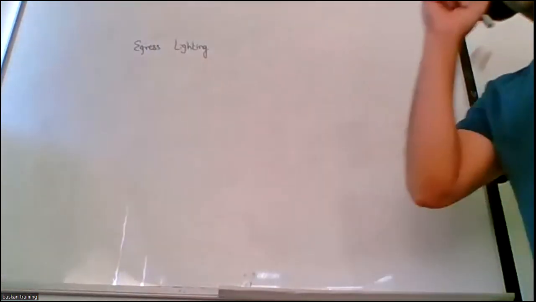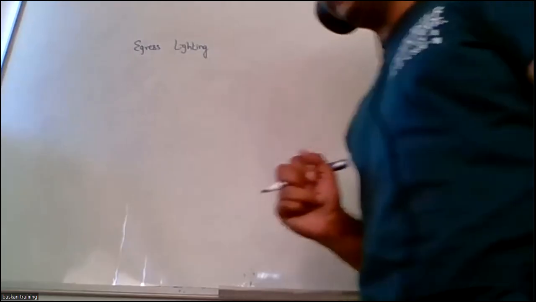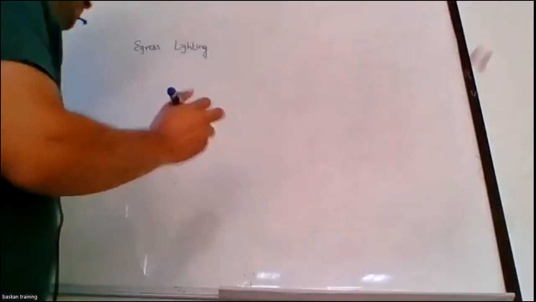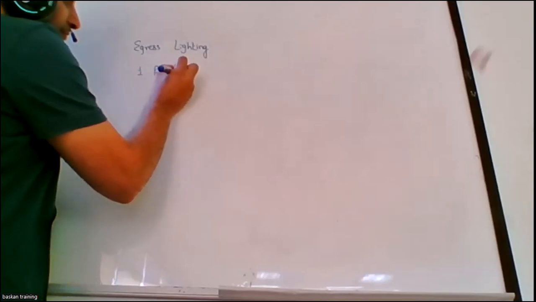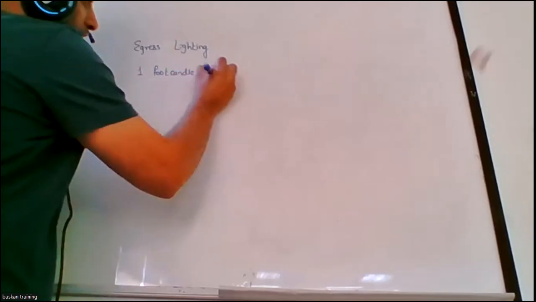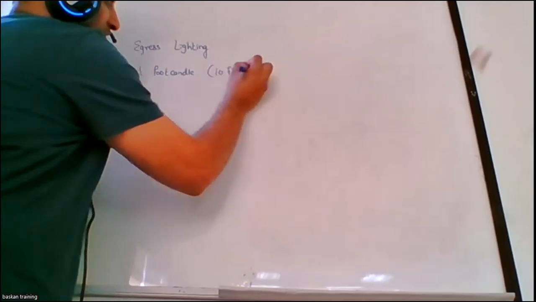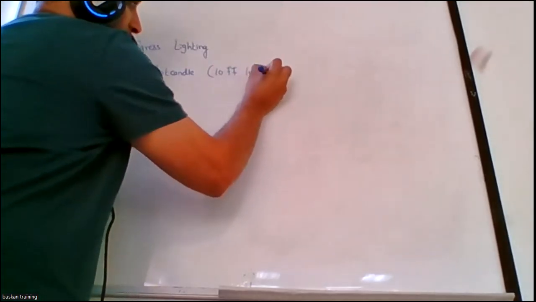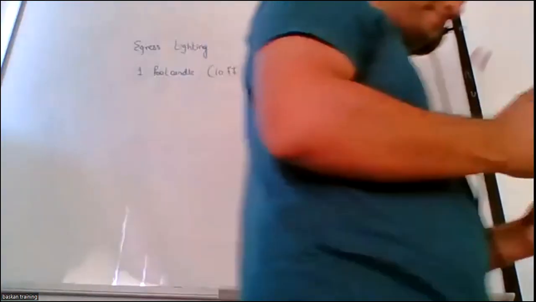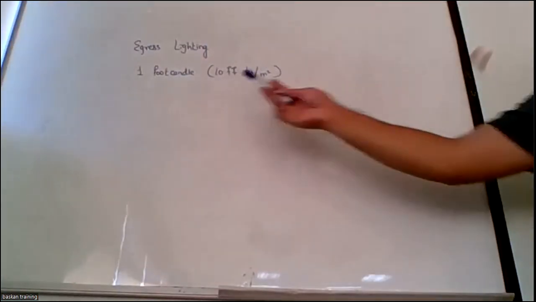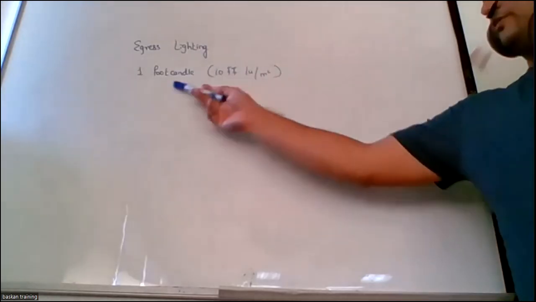Egress lighting. What should be the egress lighting? The minimum egress lighting is 1 foot candle, or it can also be written as 10.77 lux, that is, lumens per square meter.